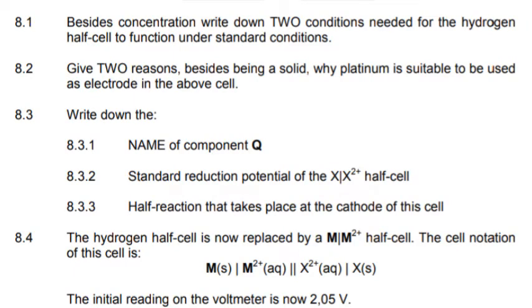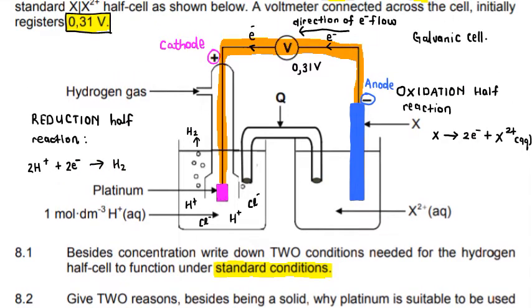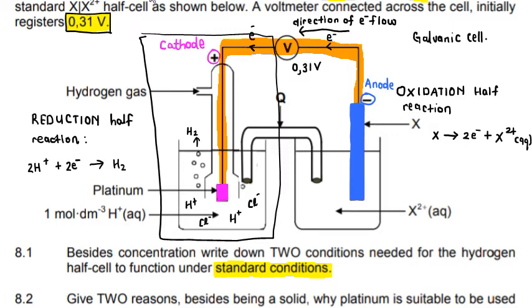So 8.1 simply says, besides concentration, write down 2 conditions needed for the hydrogen half cell to function under standard conditions. And the key term over here is standard conditions. So now remember that the hydrogen half cell is this half cell over here, just this part, and it's composed of something in solution.